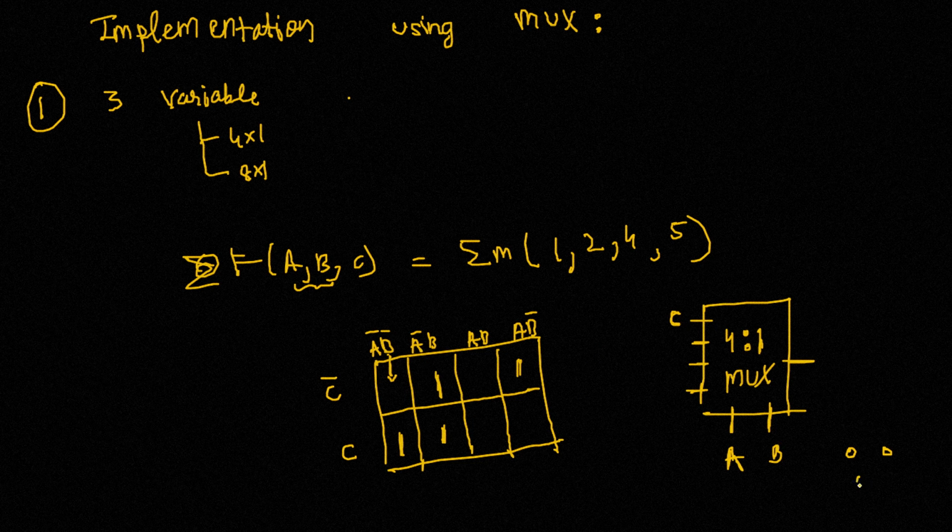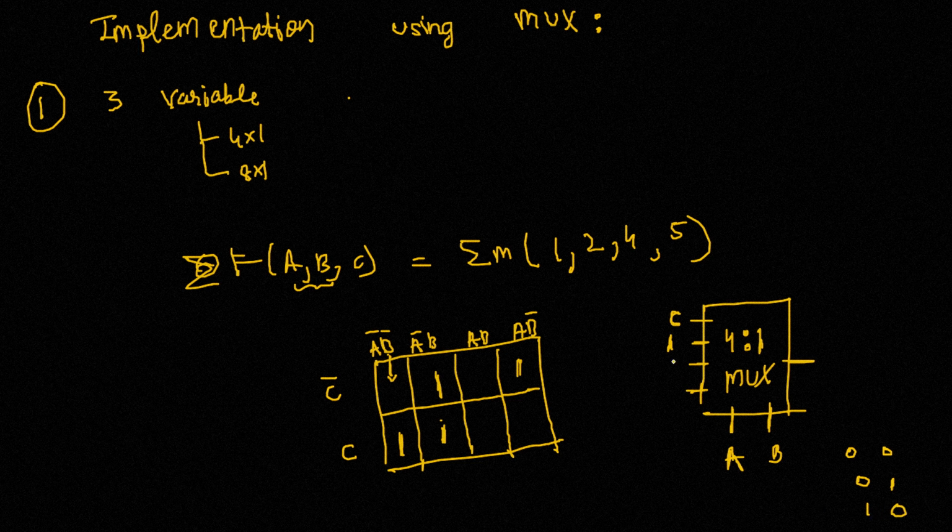Then we talk about 0 and 1, which is A complement B. You can see here, you have C complement plus C, which is basically 1, right? So 1 is the second input. If you have A complement B, the output that you will get is 1. Then the third one we'll look at is 1, 0.